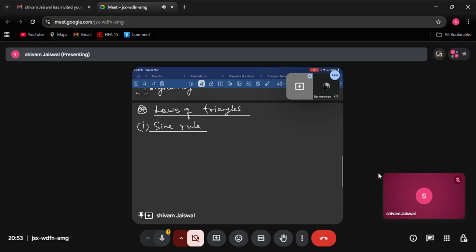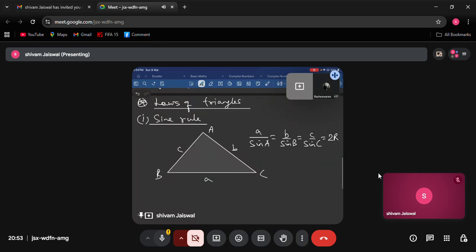If this is a triangle ABC where AC is b and BC is a, then a by sine of angle A is equal to b by sine of angle B is equal to c by sine of angle C is equal to twice the circumradius. Remember.